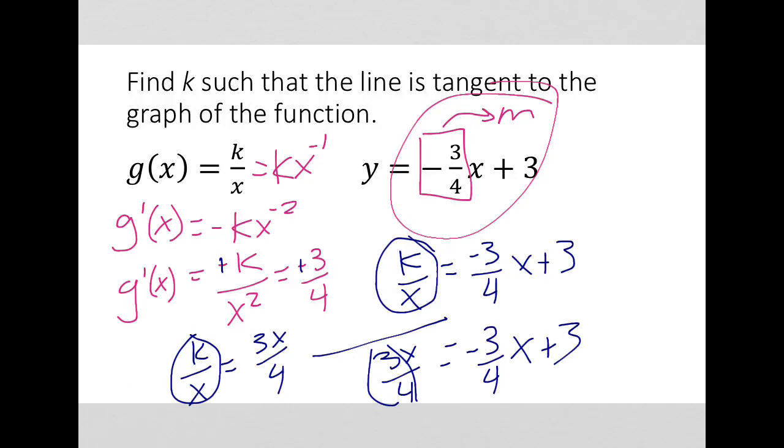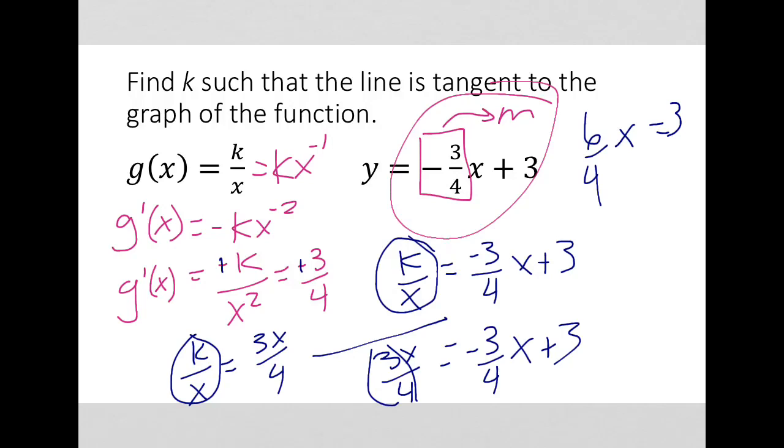So I'm going to get 6 over 4x equals 3. So do a little more algebra. Multiply by 4 on both sides, divide by 6. Or simplify that first, multiply by 2 on both sides, divide by 3.